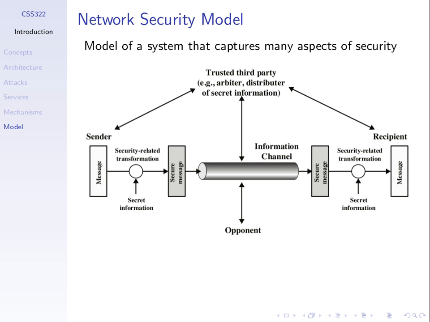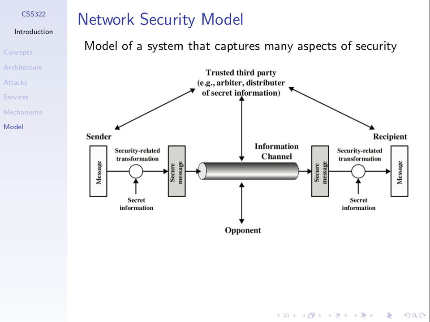And there's an attacker or an opponent who can access that information channel and access any information that's sent across it. That's the assumption that we'll make, that we have the source or the sender wanting to send a message to the recipient. We have the opponent or the attacker that can see anything that is sent across the channel. That channel may be a single cable, it may be the entire internet across the globe.